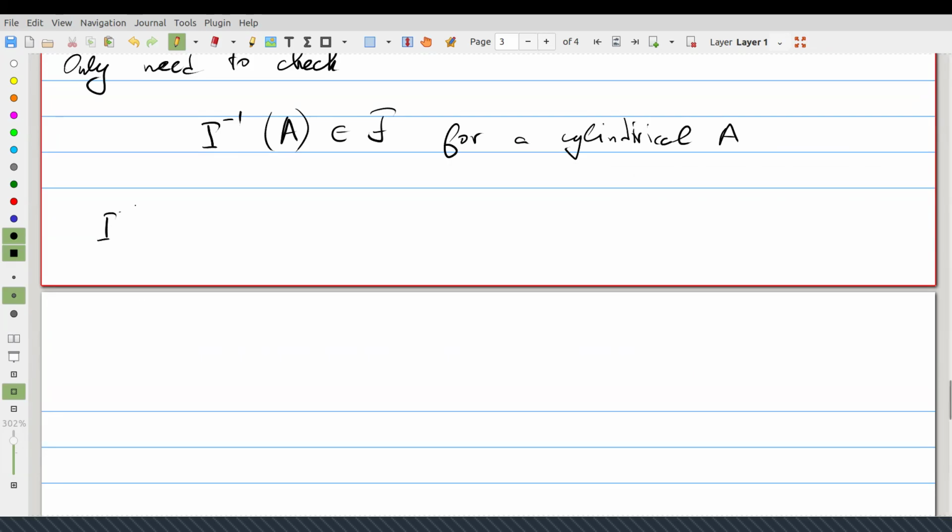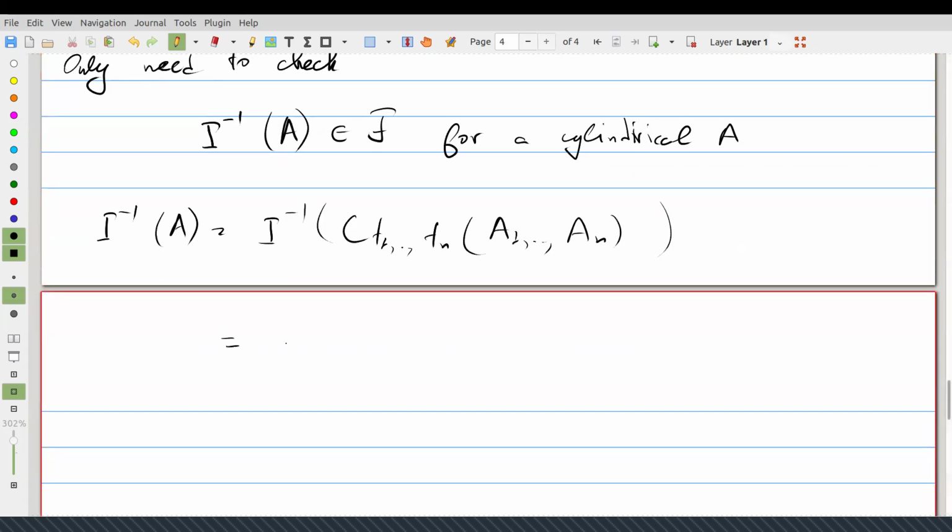It's very easy to see, because what is this? It's the inverse image of this expression, exactly those omega such that omega tk belongs to Ak, k from 1 to n.